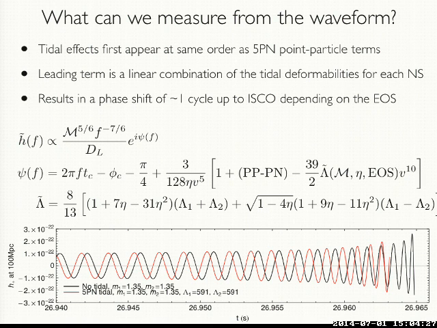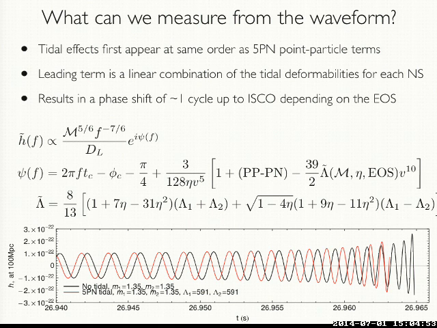You get a typical, this is a chirp mass times frequency to the -7.6 times a phase term, psi, where you have time and phase of coalescence, and then this leading order term here. Then you get point particle post-Newtonian terms, and then at a power of v to the 10th power, you get your leading order tidal correction. So that looks like a 5th post-Newtonian effect.